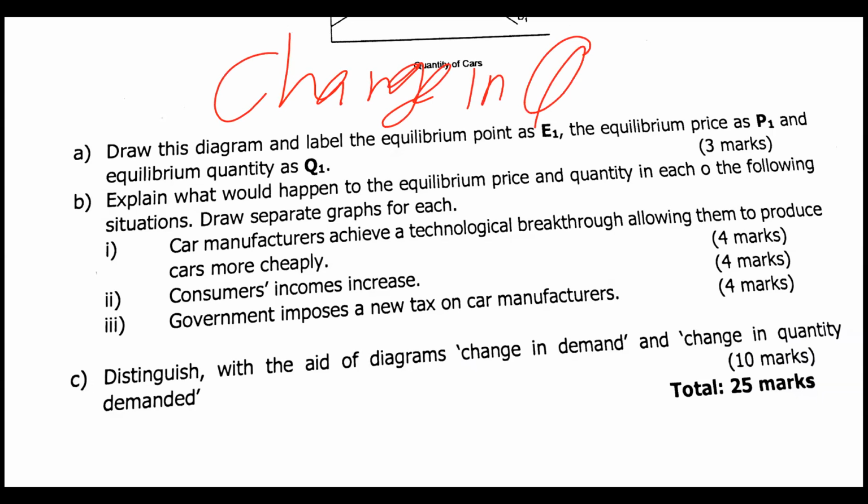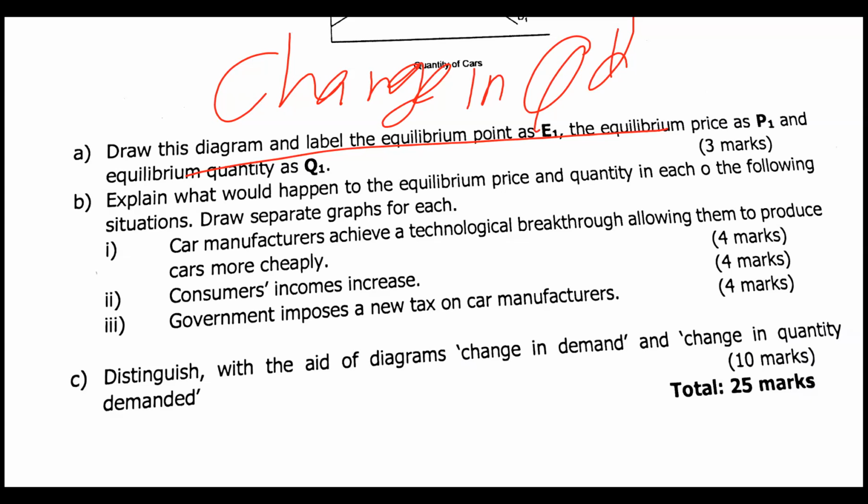In quantity demanded QD. So now, what does change in quantity demanded mean? Remember, we talked about different factors affecting demand: price, income, and other factors. Whenever the price changes, you hold the other factors constant.